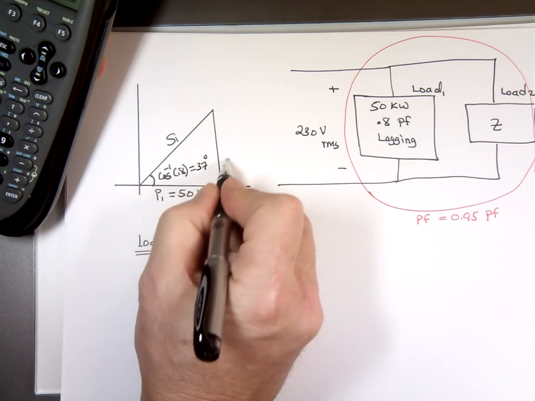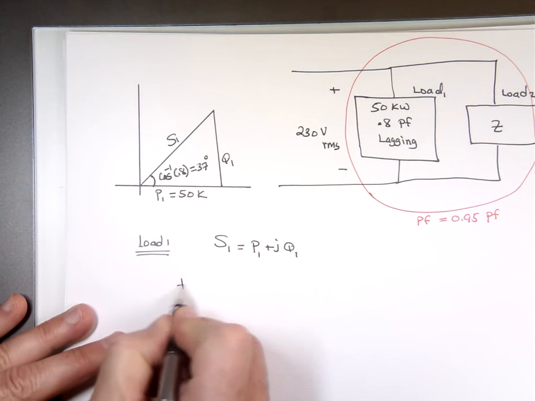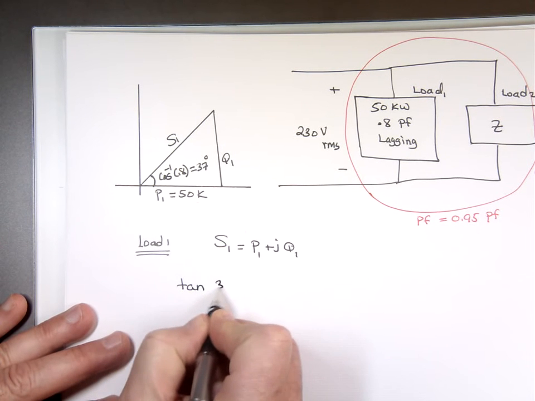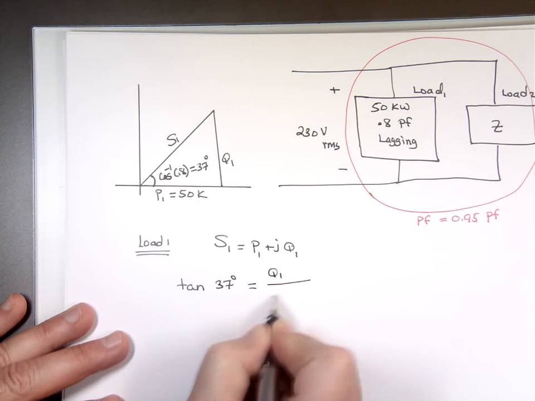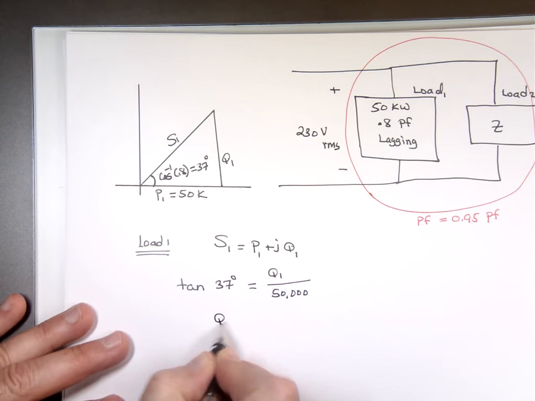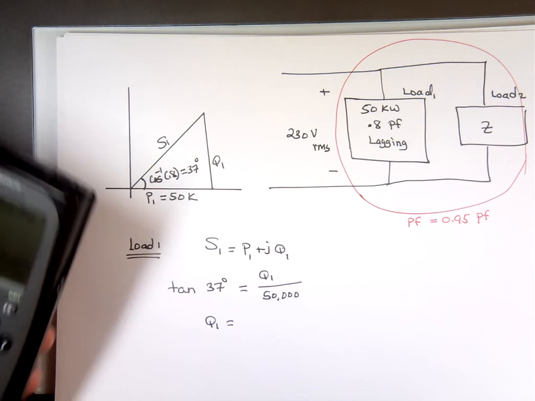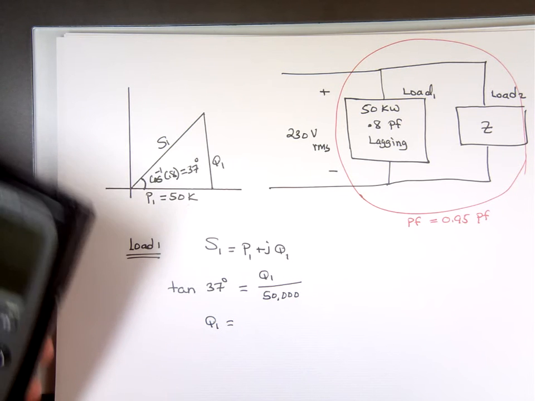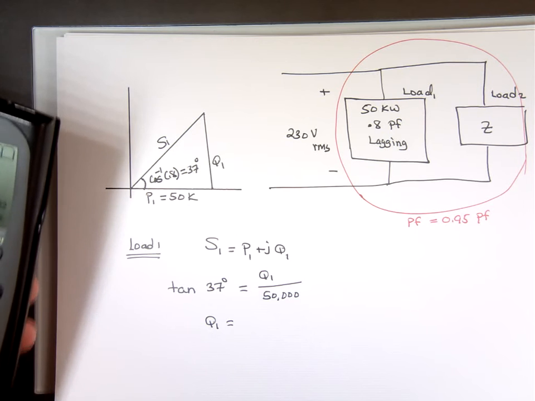Can you find what Q1 is now? Just trig. We can say tangent 37 degrees is equal to Q1 over 50K, or 50,000. What's Q1 equal to? Tangent of 37 times 50,000.